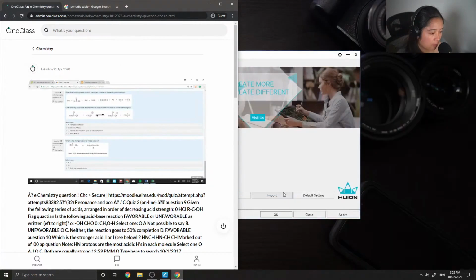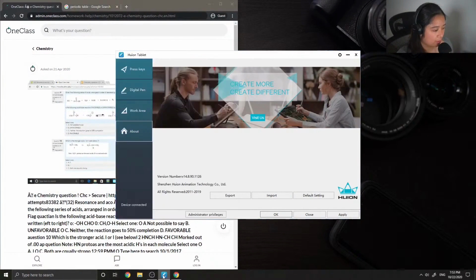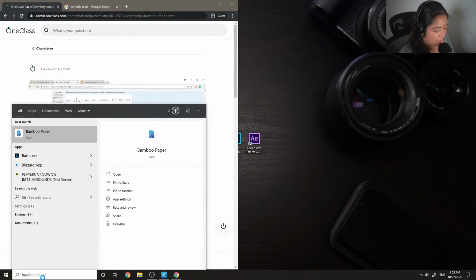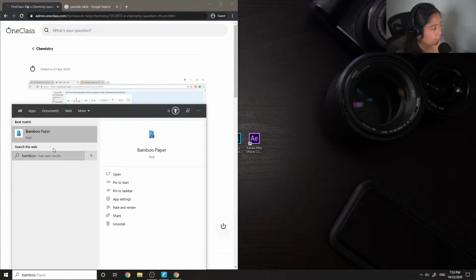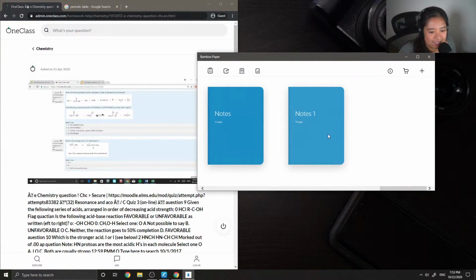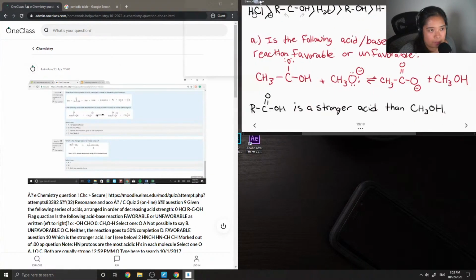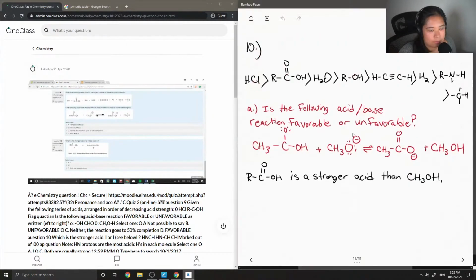Okay, so oh, sorry. Where'd it go? Let me just reopen this. I don't know what happened there, but the carboxylic acid is a stronger acid than the methanol.